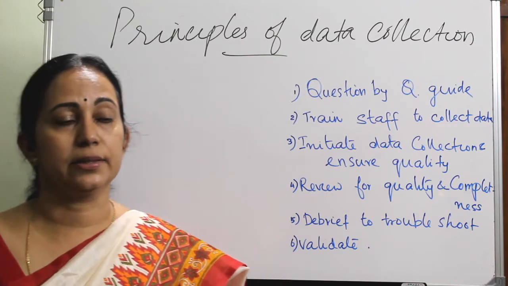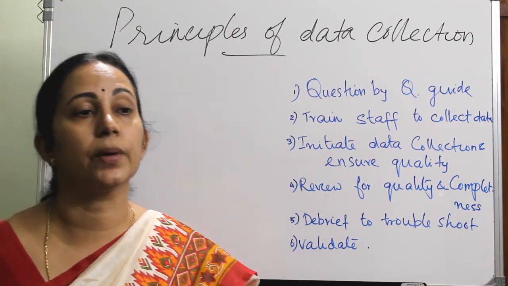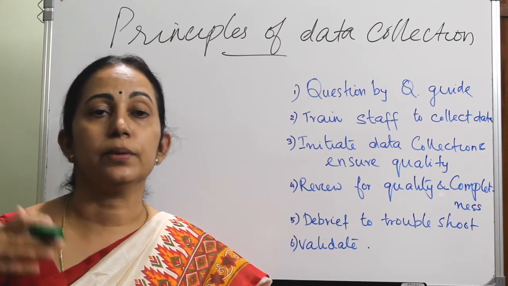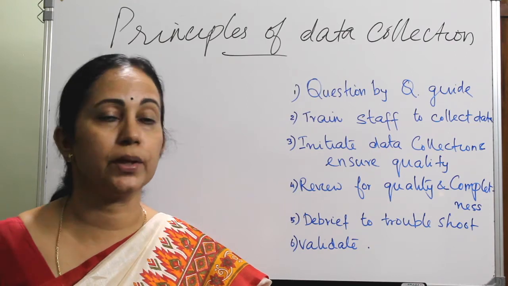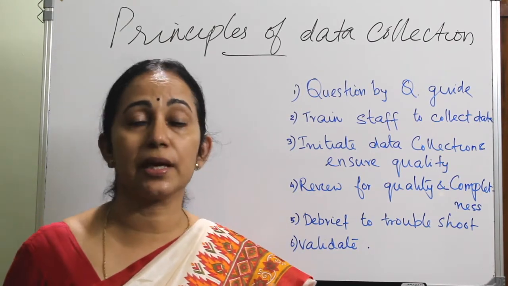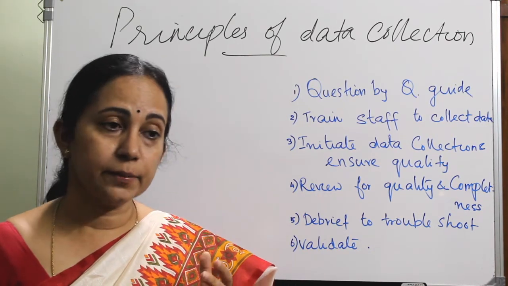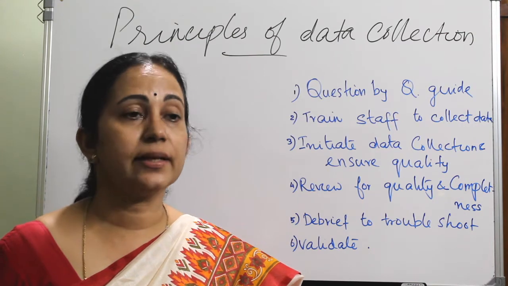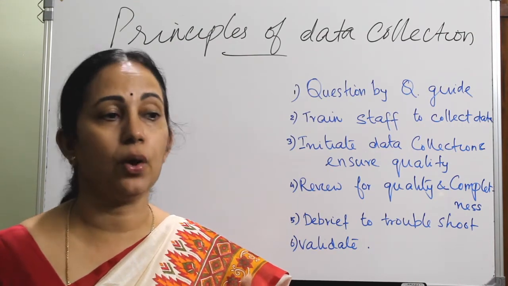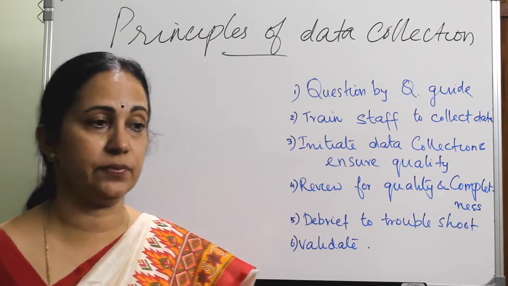After that, allow them to walk through your Q by Q guide. Show them each question and each Q by Q guide: how to ask questions, what answers you are expecting, everything has to be discussed. Make them know exactly what you are expecting from them, what they have to do in the field or in the clinic. That has to be listed out very specifically.